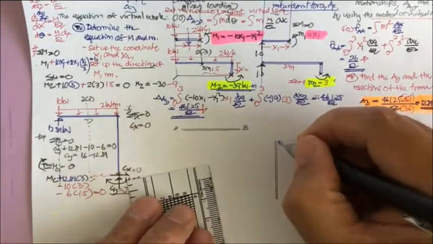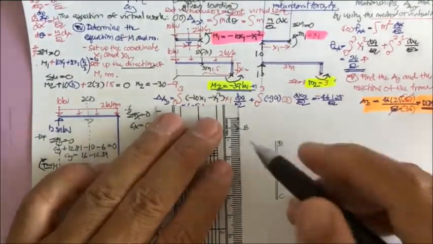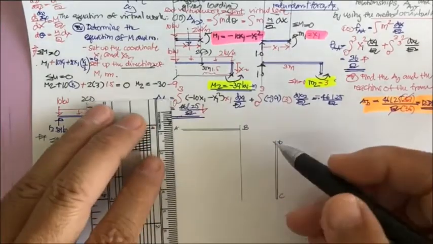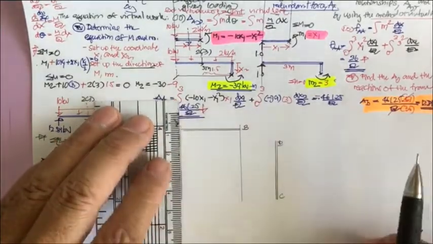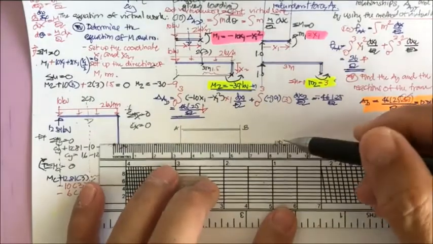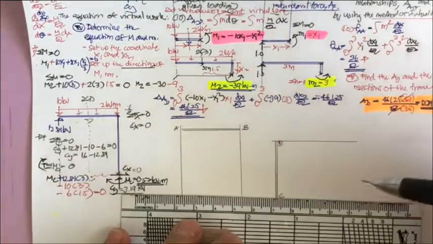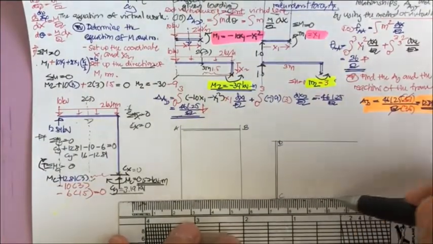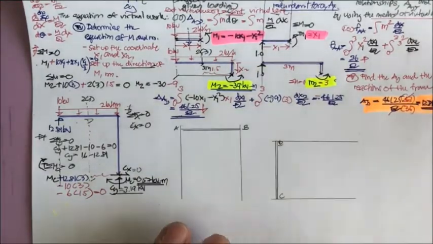That is going to be B and C. And for this, the shear diagram and moment diagram are supposed to be here. And also this one is supposed to be in this direction.